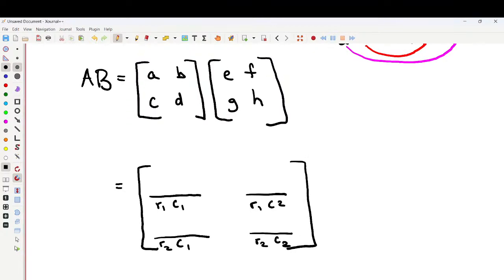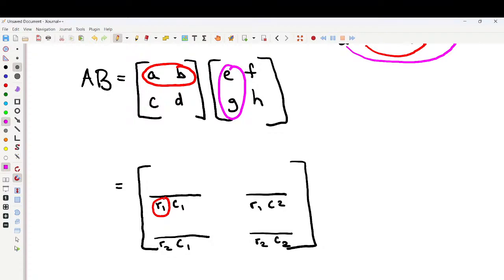So in a minute, I'll tell you what we're going to write here, but this is the solution in row 1, column 1. That's this position. This is row 1, column 2, and so on and so on. And I say that because it's literally what we're going to do up here. We're going to take row 1 and the values in column 1 and basically find their dot product.